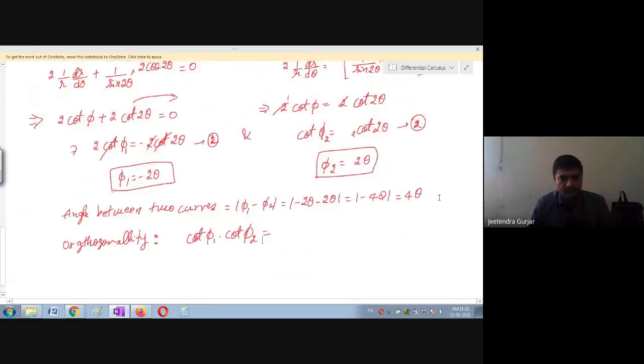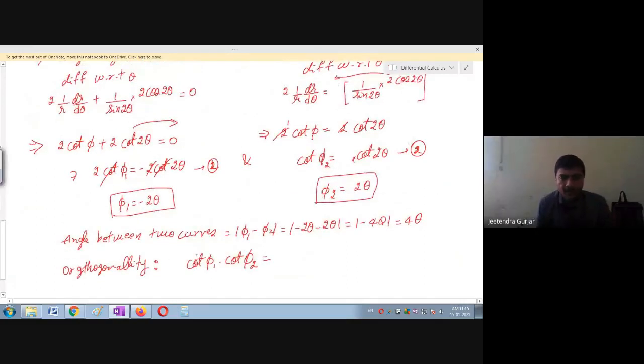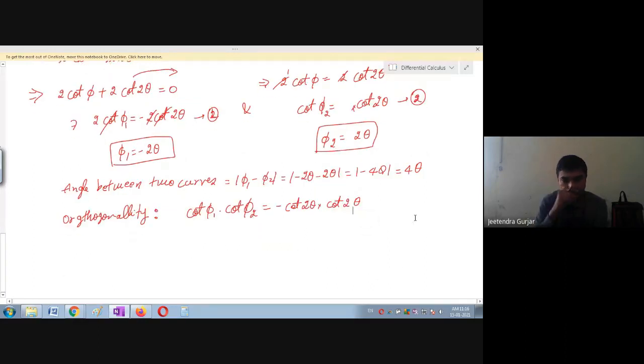Now cot phi 1 into cot phi 2 is equal to, you can just substitute the values. I think this is minus cot 2 theta into cot 2 theta. Yes, you can see this is negative. So therefore orthogonality is also satisfied.